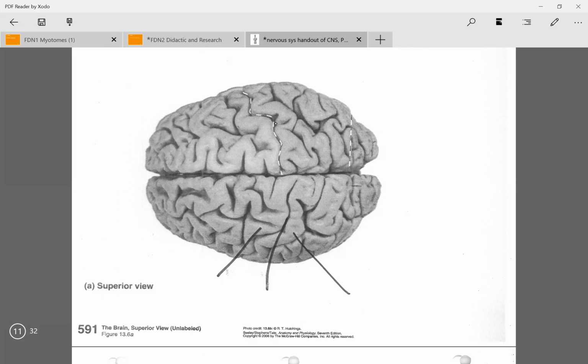So this is a superior view of the brain. In a way, it's just a reminder of some of the parts we looked at. Okay, so occipital lobe. All right, this one is showing you the precentral gyrus.